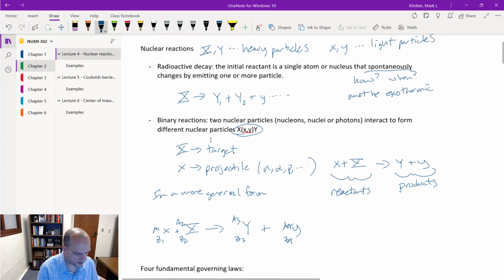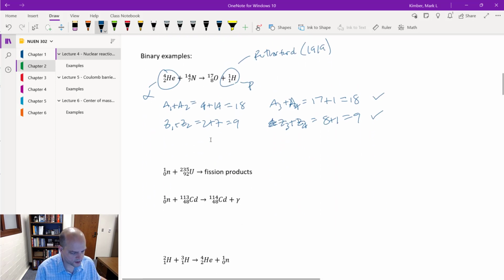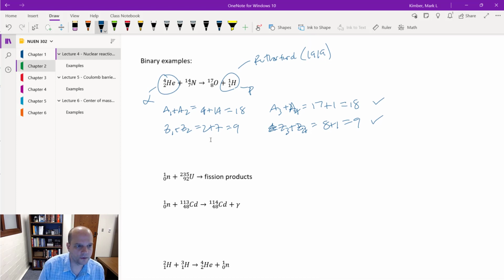And just going back to the shorthand notation, which was first illustrated here, I can write out the reaction like I have done here, or I can use the shorthand notation. The shorthand notation for this reaction from Rutherford is: I first put my heavy reactant, and then in parentheses are always my two lightest particles, my reactant and then my product, both light particles.